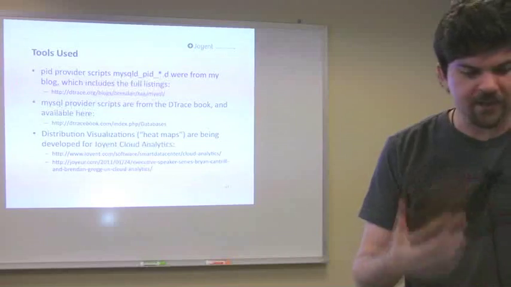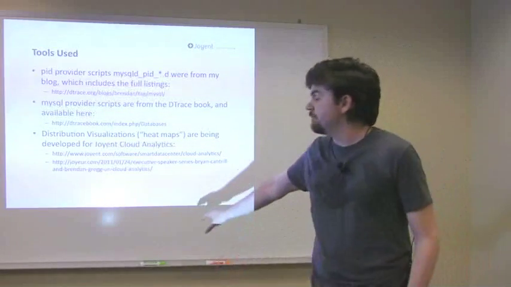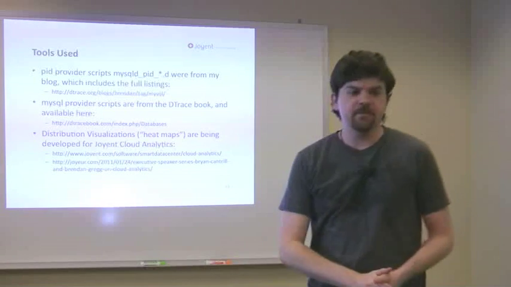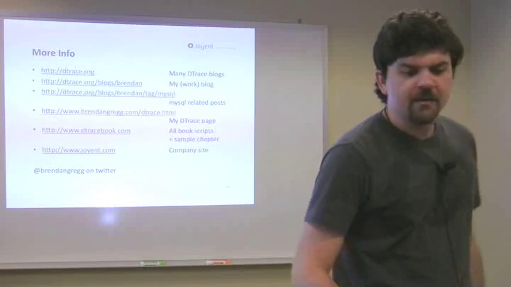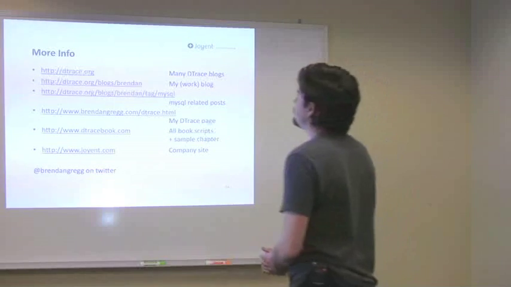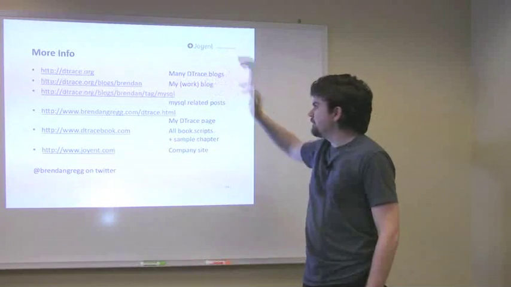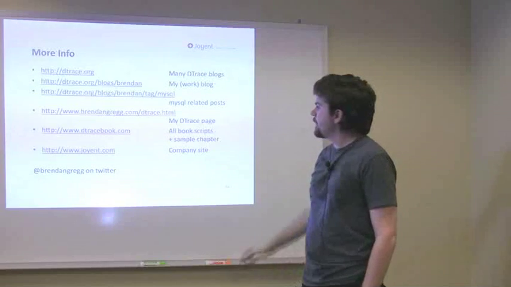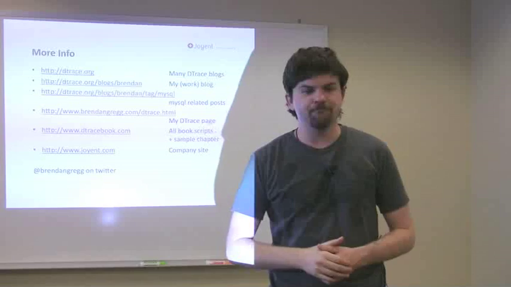And we're intending to do the MySQL query latency. We do have the file system latency as a heat map already, but we're developing the others. For more information, dtrace.org, many DTrace blogs, my work blog, dtrace.org/blog/brendan, and I've already mentioned these websites, and you can follow me on Twitter, Brendan Gregg.